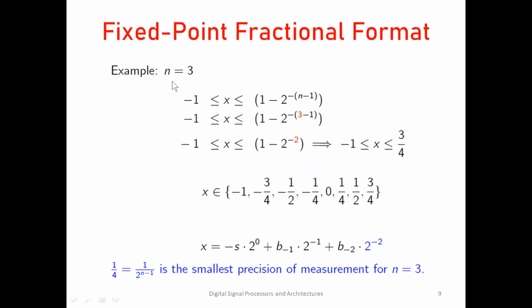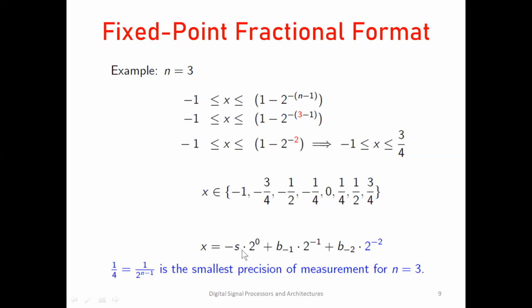Now if you see an example, suppose n equal to 3. What happens to the range if n equal to 3? Substituting n equal to 3 in the range, we get the range as minus 1 to 3 by 4. So our number will belong to the set which consists of minus 1, minus 3 by 4, minus 1 by 2, minus 1 by 4, 0, 1 by 4, 1 by 2 and 3 by 4.